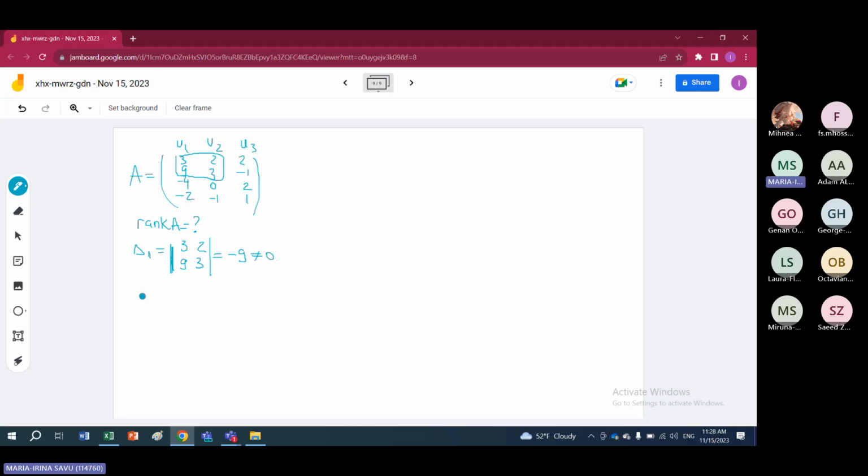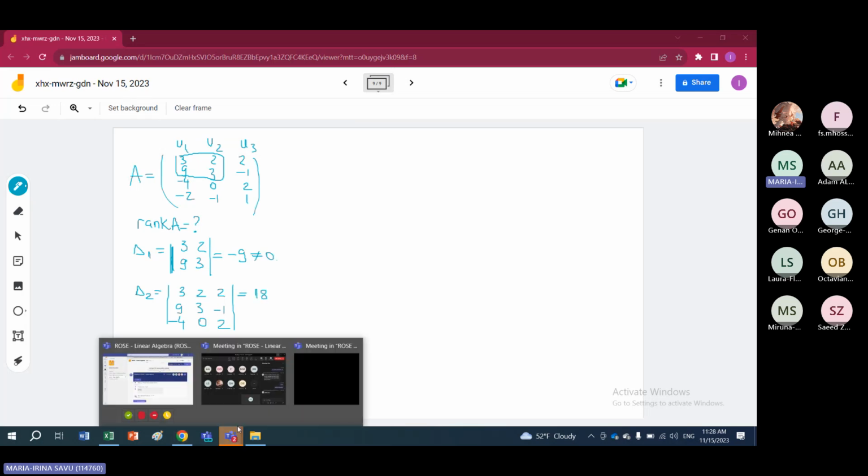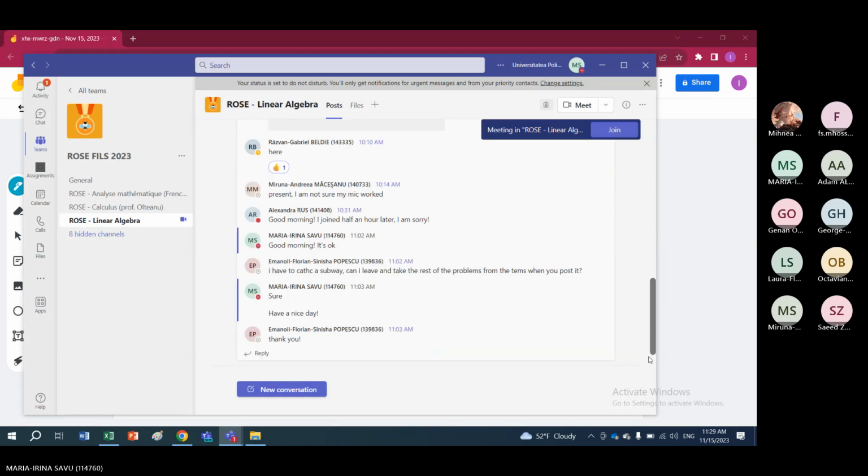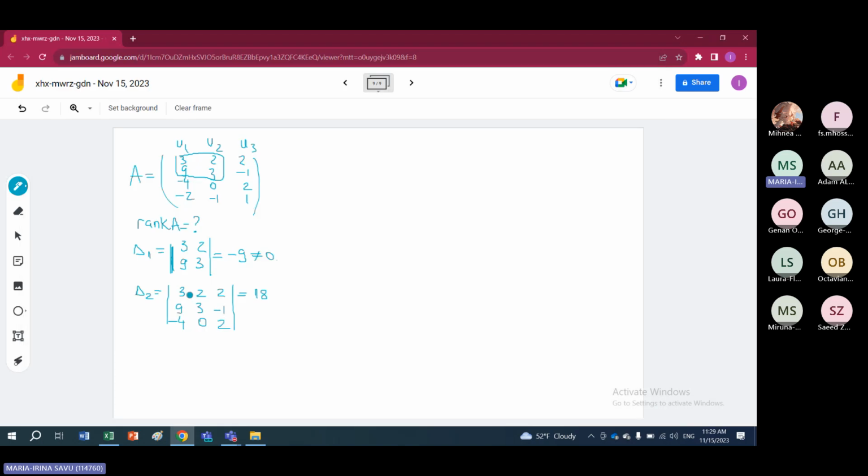Let's see if we can find a minor of order 3 which is not 0. We have rows (3, 2, 2), (4, 3, -1), (-2, 0, 2). Please follow the computation.